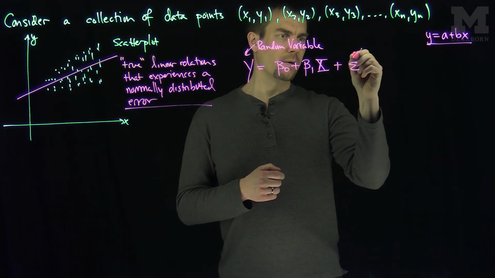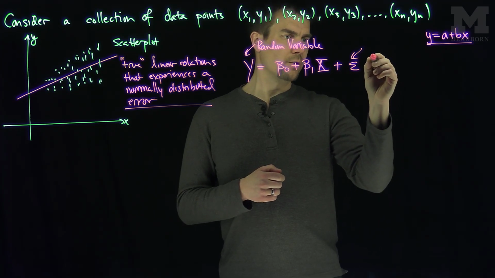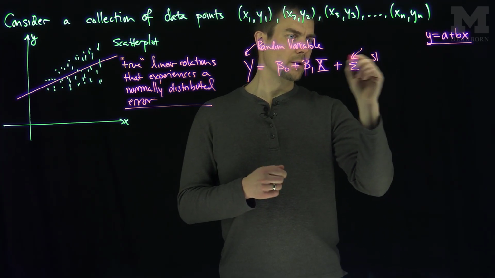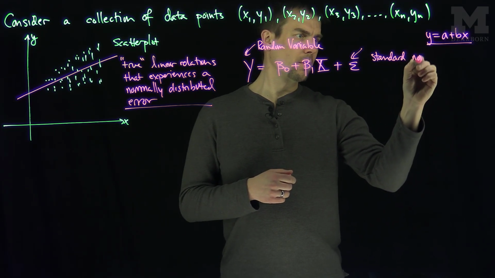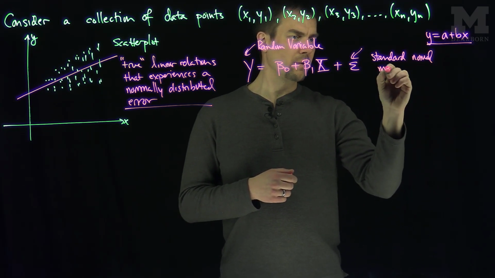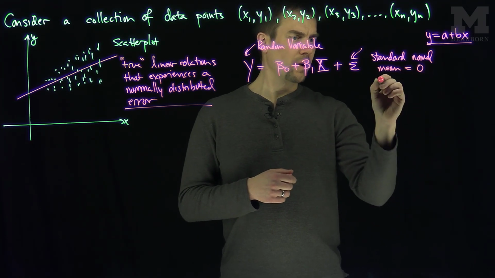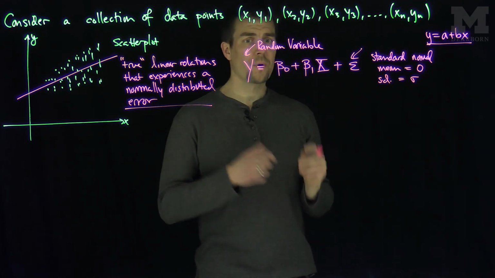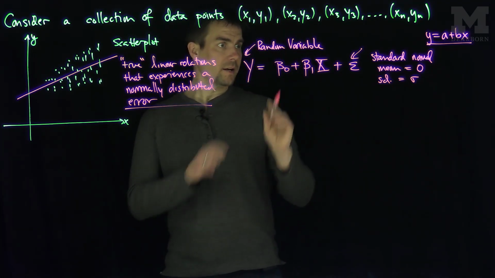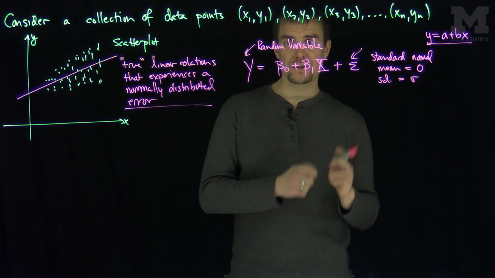And this error over here is a normal with mean 0 and standard deviation equal to sigma. And we want this to be a constant standard deviation among all these samples.